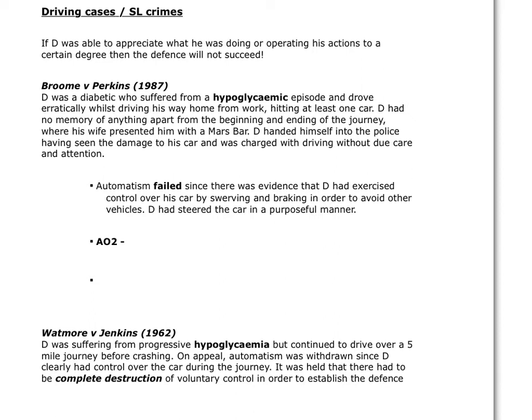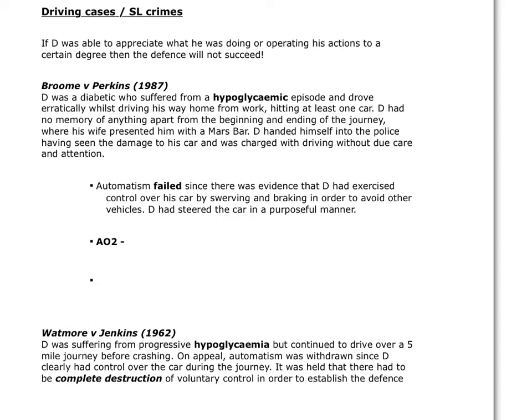So the trigger is external, hence it's on this handout as automatism. He was diabetic, he had a hypoglycemic seizure, but he drove home from work and was observed driving most erratically on his way home: driving, braking, swerving, hitting at least one car.